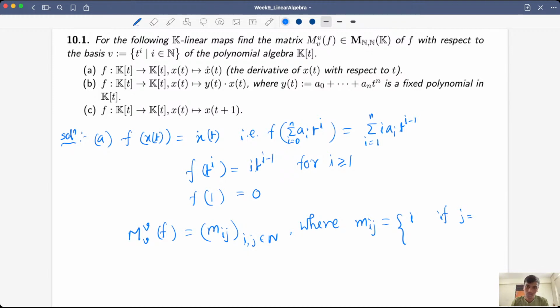Okay, again I'm missing something. So 1 appears at m_1 1 is 1, m_3 1 is 3, 2 is 1, so exactly, i equal to j plus 1, right?